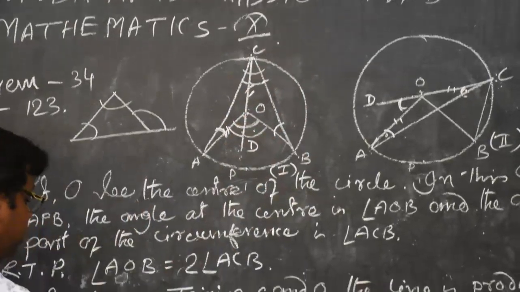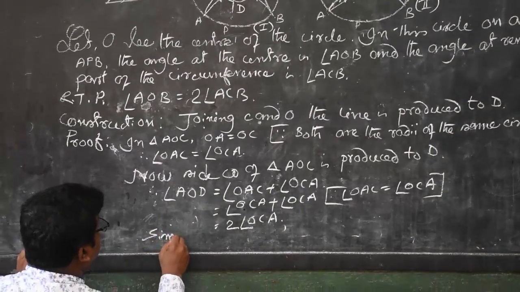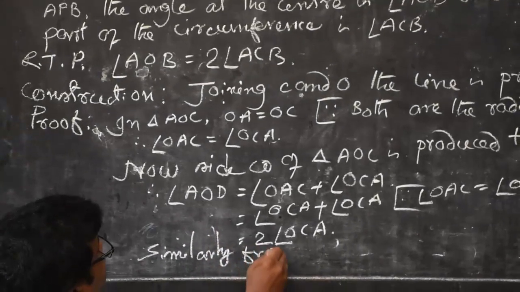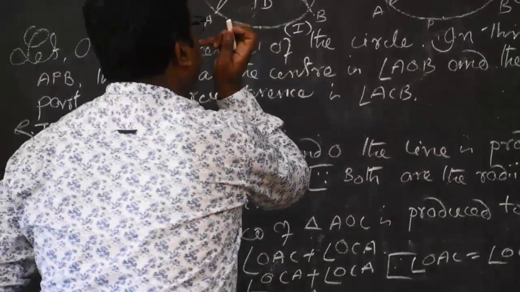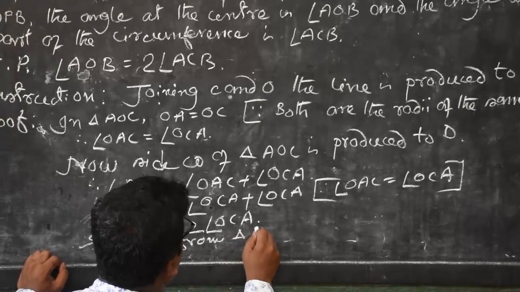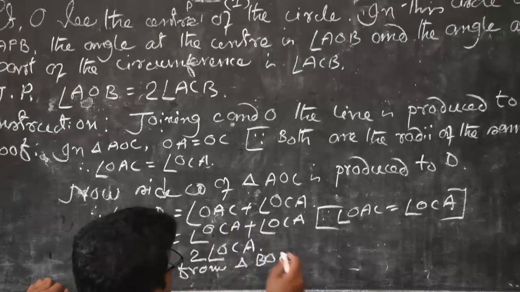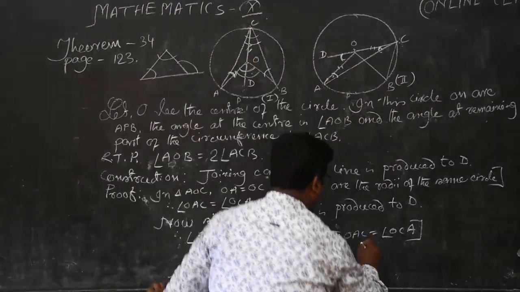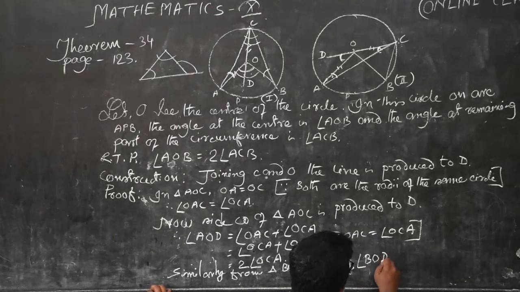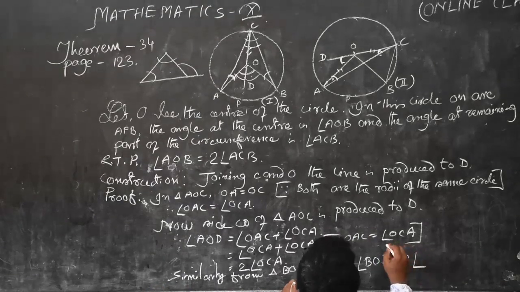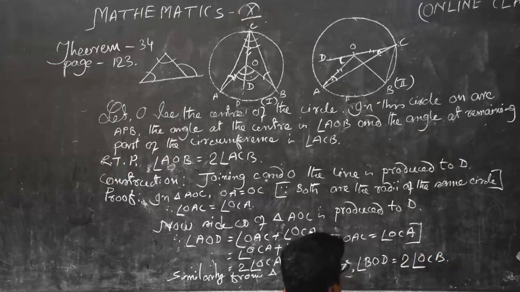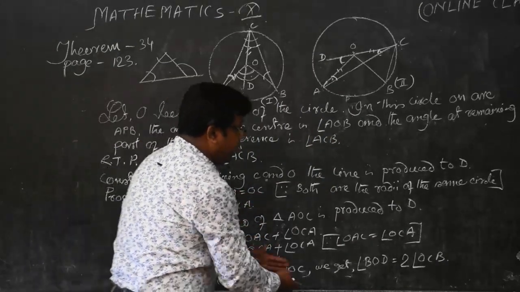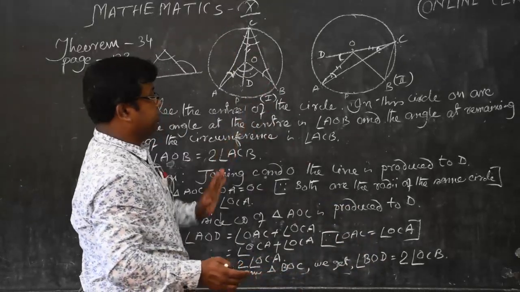So similarly from triangle BOC, we get angle BOD equals 2 angle OCB. Is it clear? You do not have to show this portion, you can just write similarly: we can prove angle BOD equals 2 of angle OCB.